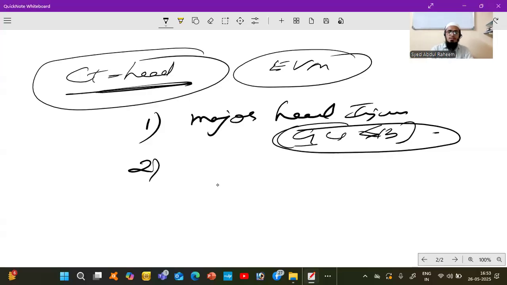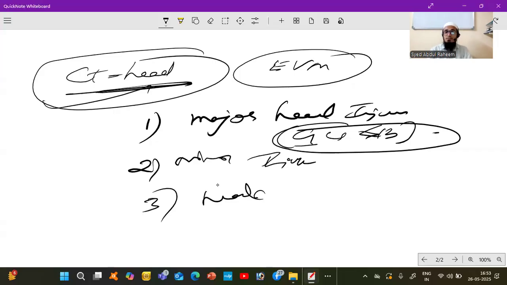Next is minor injury. The patient has fallen down, but the age is more than 65, or more than 60. He fell down and after that he lost his concentration. Then you have to advise CT scan. If a person has severe headache with vomiting, he needs a CT scan.